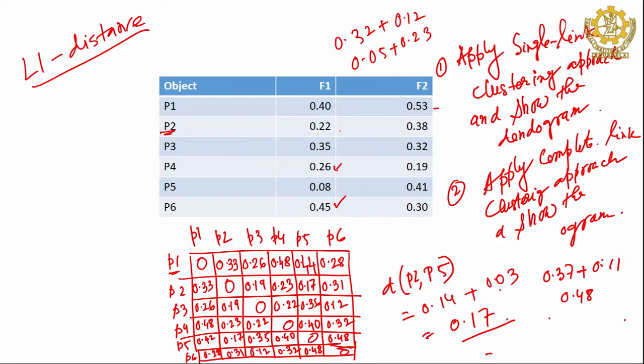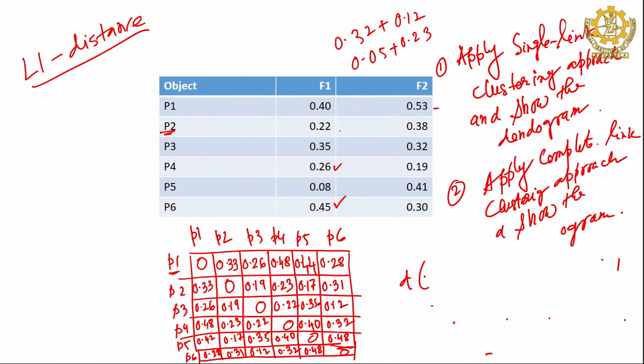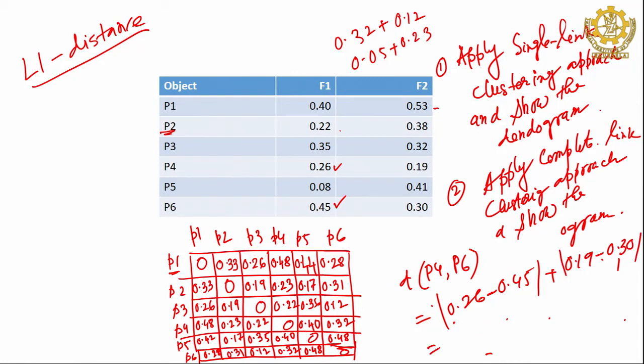46 is how much? So distance from P4 P6, this is 0.26 minus 0.45 plus 0.19 minus 30. So this is how much? 0.1, 9 plus this is 0.11.